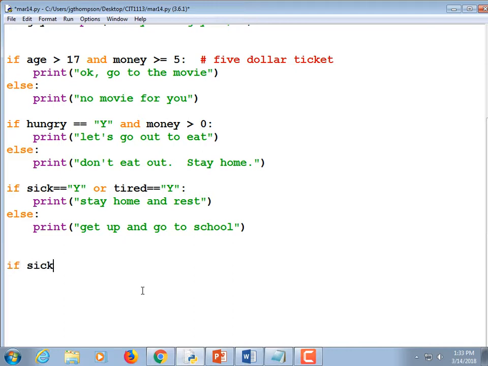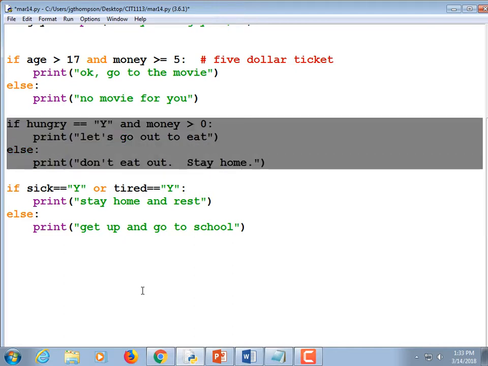So why don't we do if sick is equal to y, or tired is equal to y, or, I'm not even coming up with a good example, but you saw what I mean. Maybe going out to eat should also check to make sure that they're not sick or tired. And we could tack some things on to make sure that that was not true. Just to play with that.